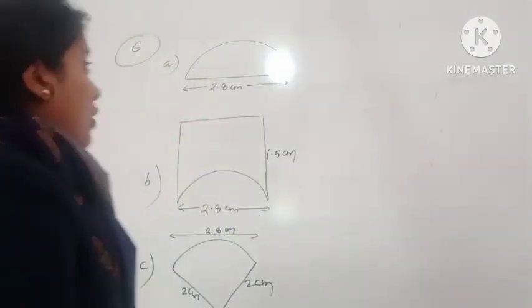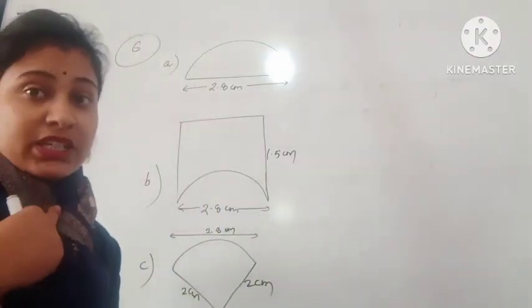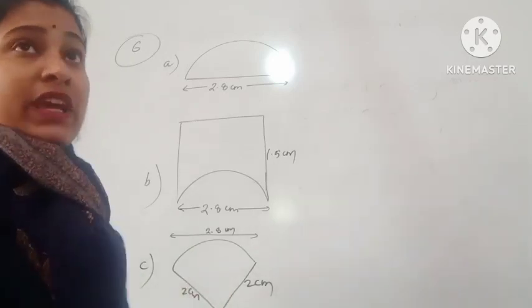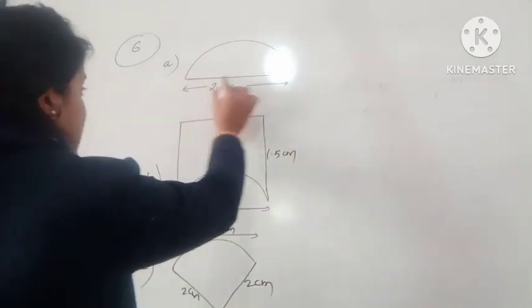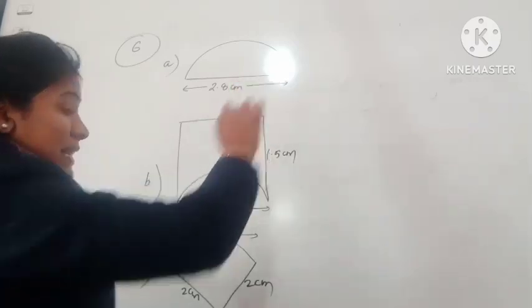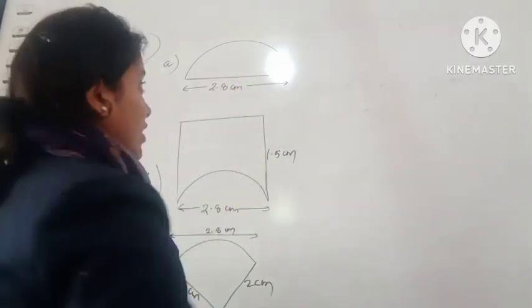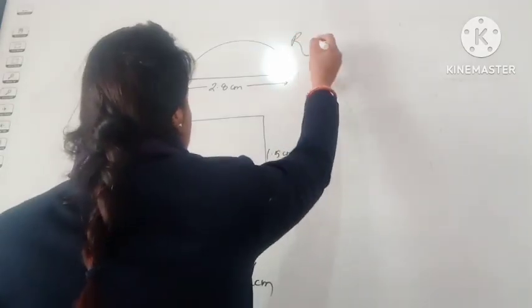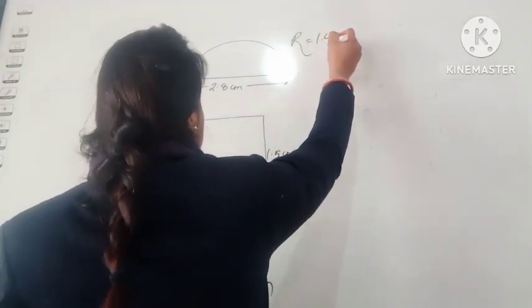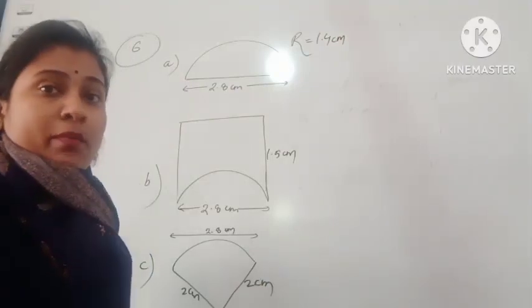Now the first part is a semicircle. In the semicircle, 2.8 centimeter is given as the diameter. First of all, we calculate the radius. The radius will be half of the diameter, that is 1.4 centimeter.